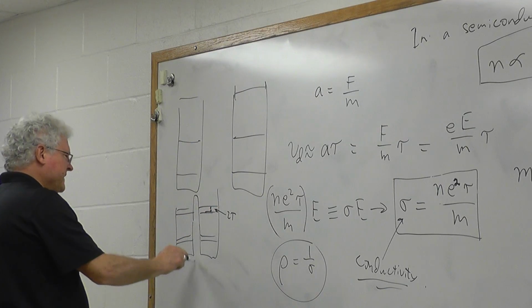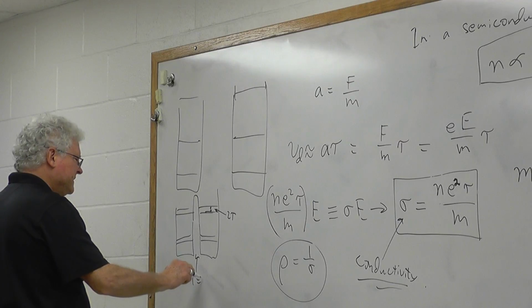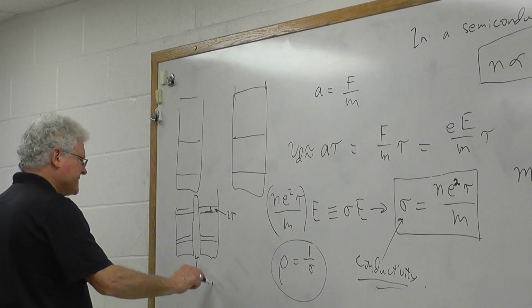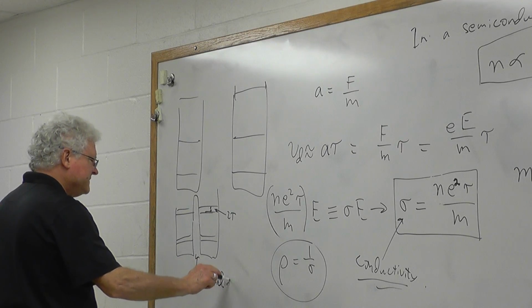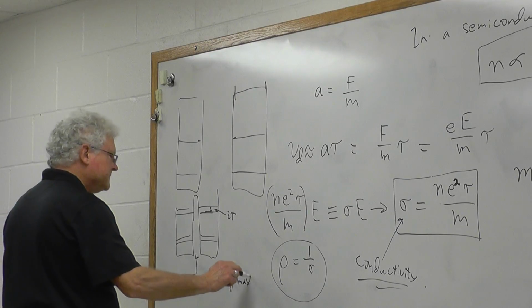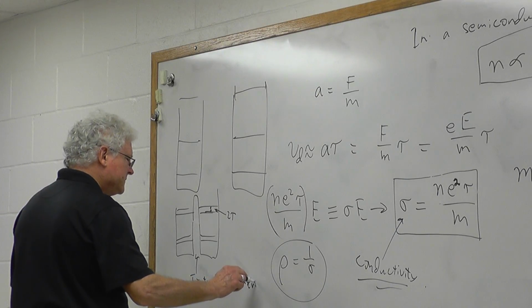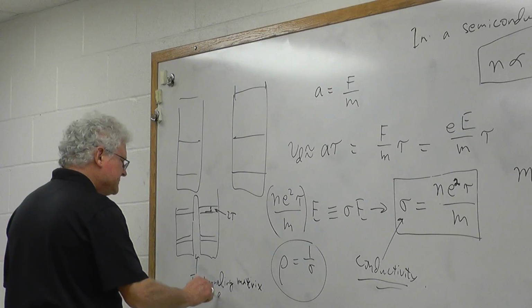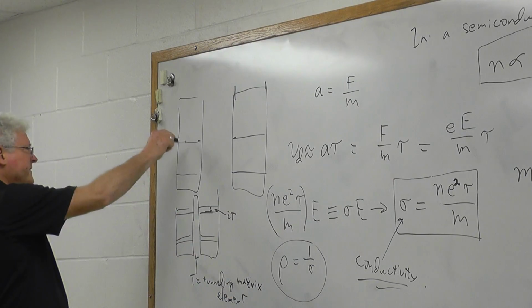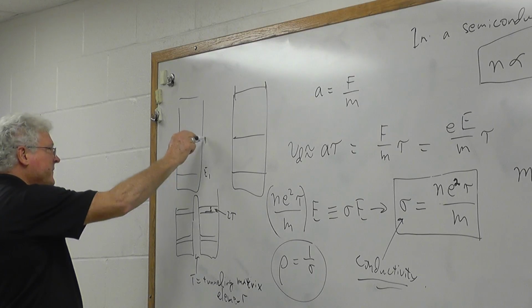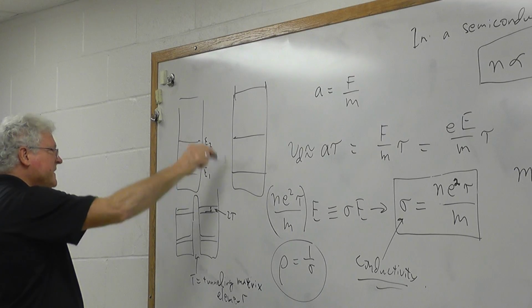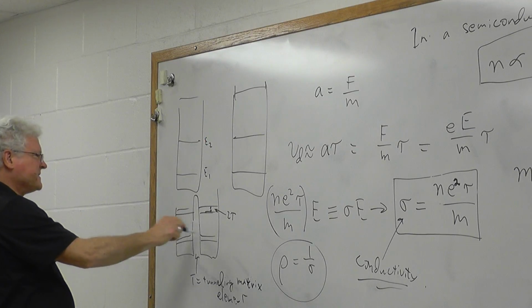So let's say T equals the tunneling matrix element. These would be the original energy levels we had before for the particle in a box, and now these get split.